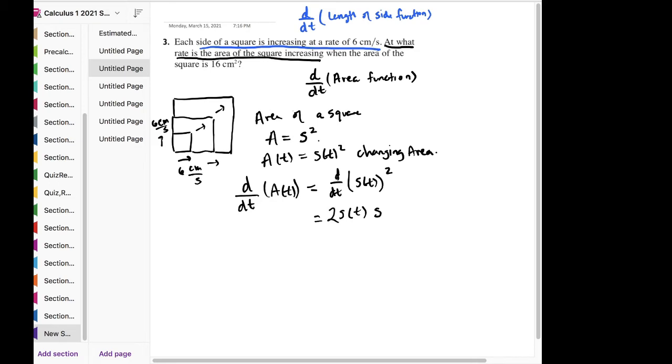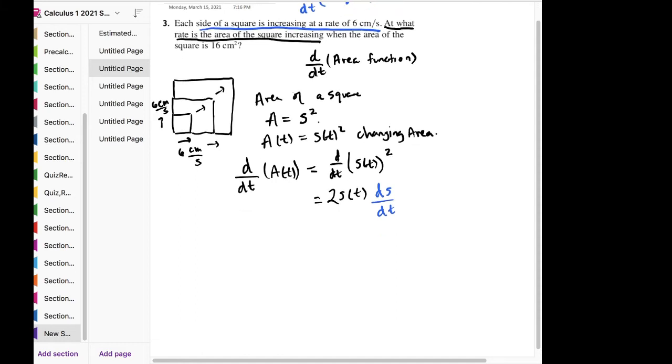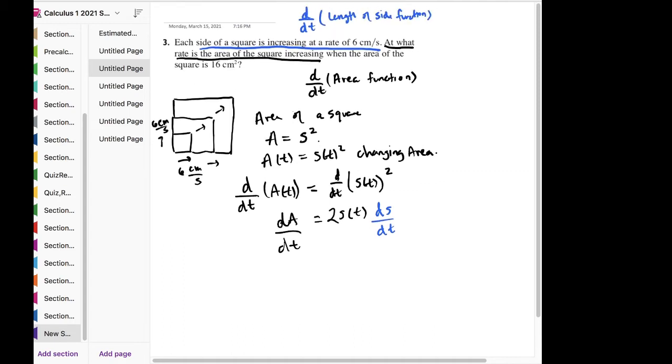ds/dt. But we know what ds/dt is, right? What is ds/dt? Yeah, I put this color for a reason. We know it's increasing at a fixed rate of 6 centimeters per second.